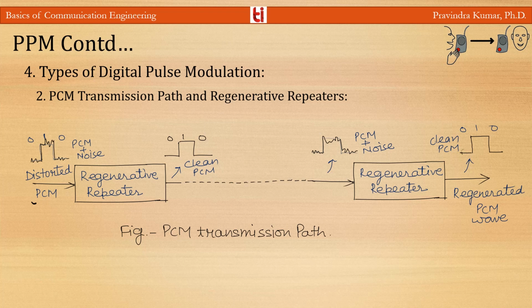So if the PCM signal is distorted by noise, the regenerative repeaters produce a clean PCM signal, which then travels, and if it is distorted by noise again, the regenerative repeaters regenerate the PCM waveform again. By doing this we get our transmitted signal back clean at the receiving end.